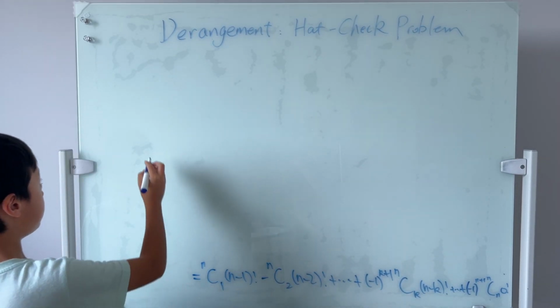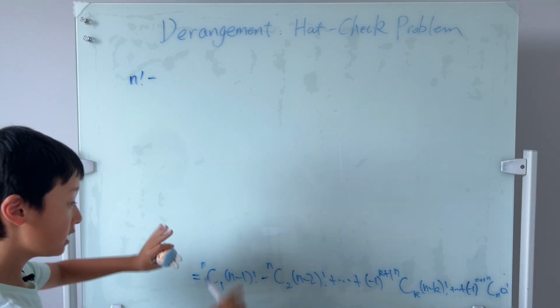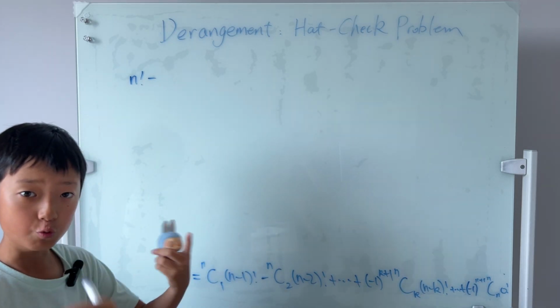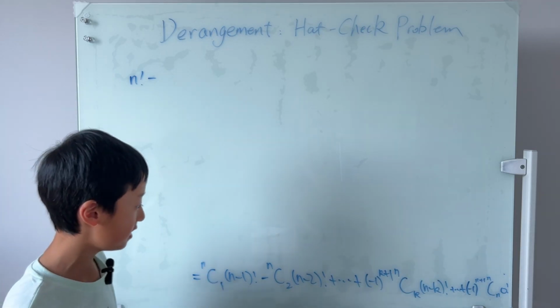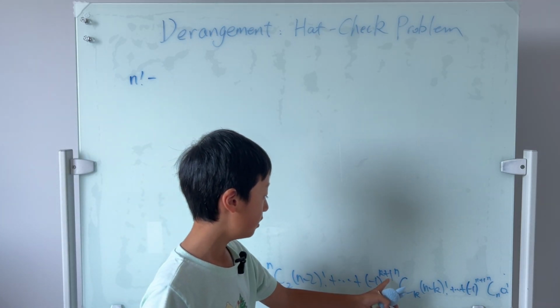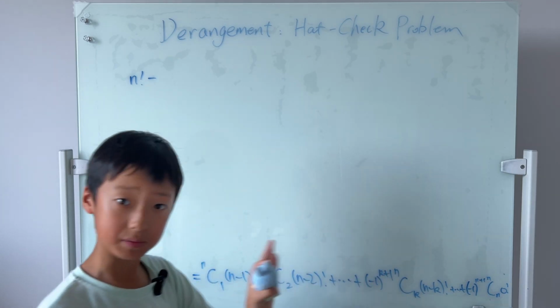So, we have to do n factorial minus this. And once we subtract this, all of the signs will be opposite. So this positive will become negative, this negative positive. So this term would just be negative 1 to the k without the plus 1.